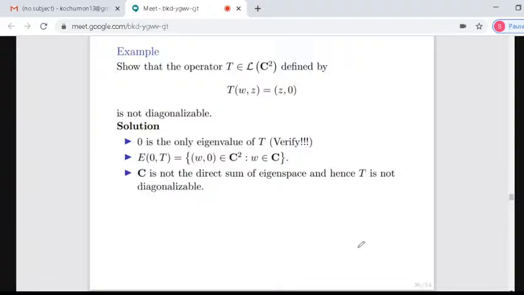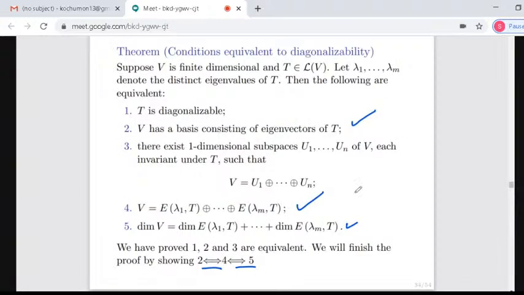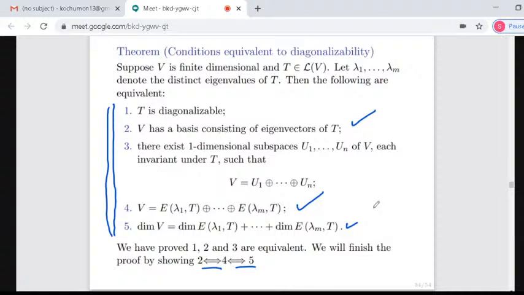Okay, so now let us look at the theorem once again. This is also very important to understand. So when is an operator diagonalizable? If any of these conditions are satisfied, then you can say that the operator T is diagonalizable. Okay, so these are the conditions. If you can check one of them, you can show that it is diagonalizable.